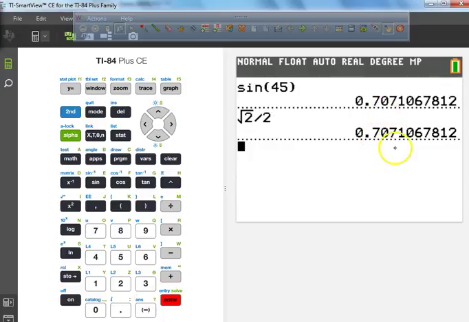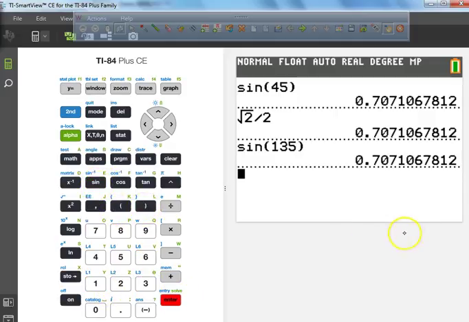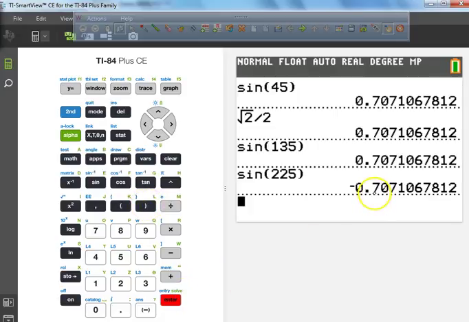It's equal to that number. Watch what happens when I say the sine of 135. What's that equal to? Right there. What if I say the sine of 225? What's that equal to? So what is this decimal equivalent to? 135.